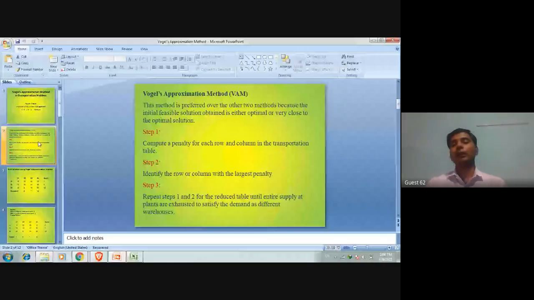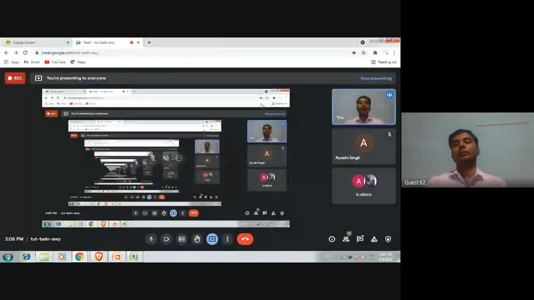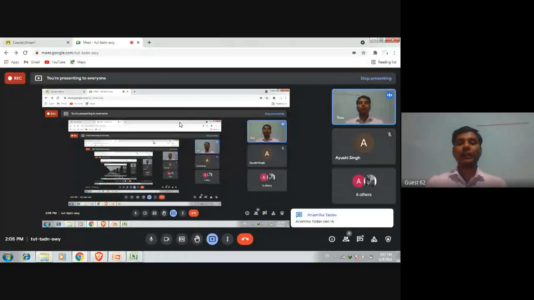But if you apply the VAM method, the total transportation cost will be more optimal. This is the process by which you can reduce your cost the most. We will also see an example in the next lecture of how VAM, NWCM and LCM reduce the cost.